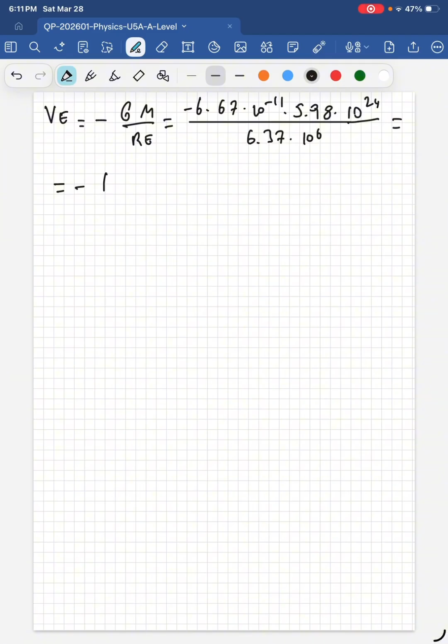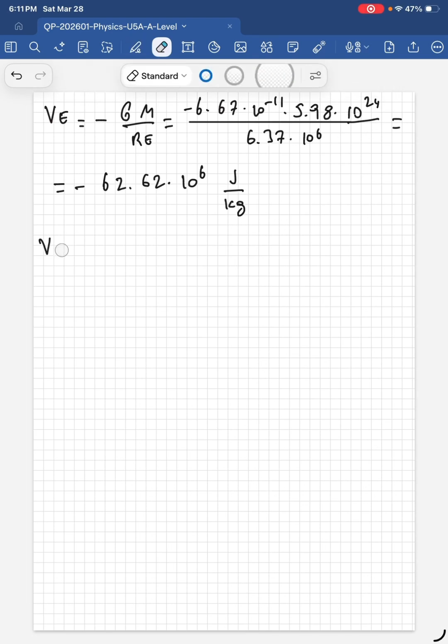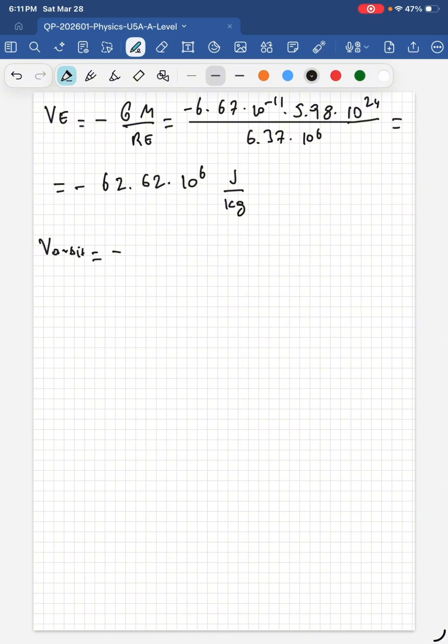So this is minus 62.62 times 10 to the 6 joules per kilogram. Now the potential energy at the orbit, okay, is going to be minus GM over the radius of the Earth plus the height where the satellite is located.